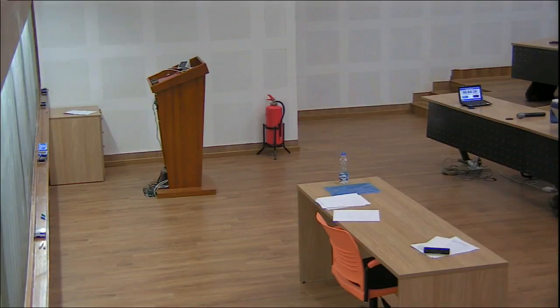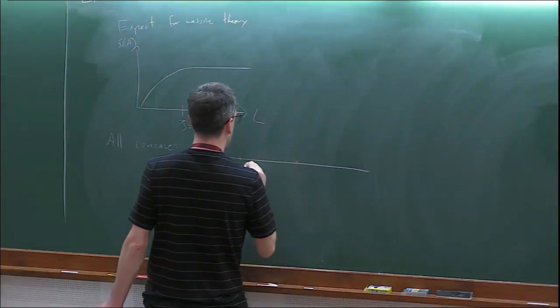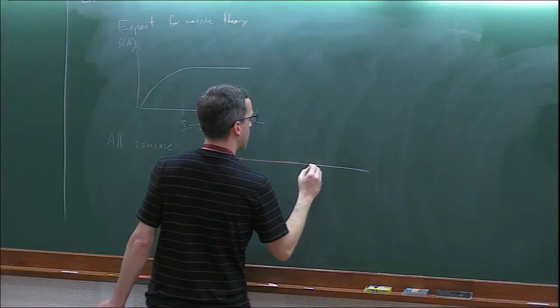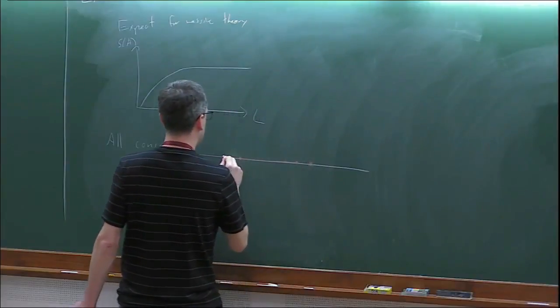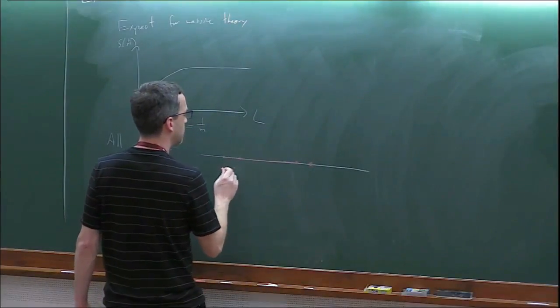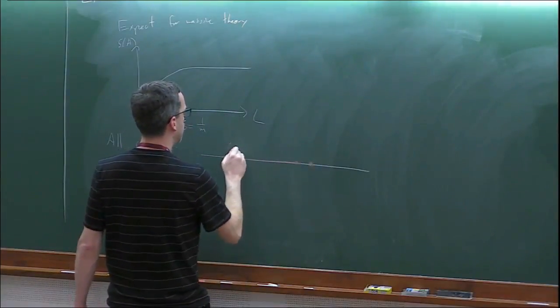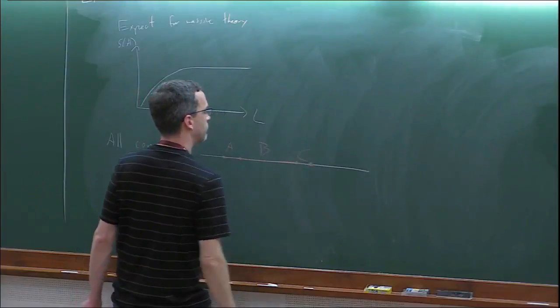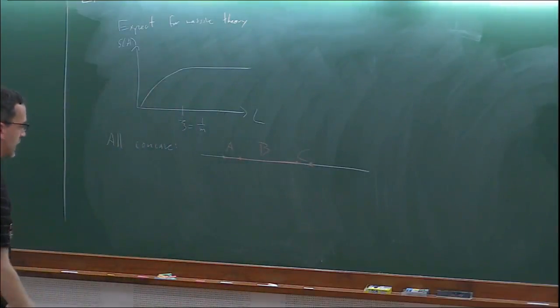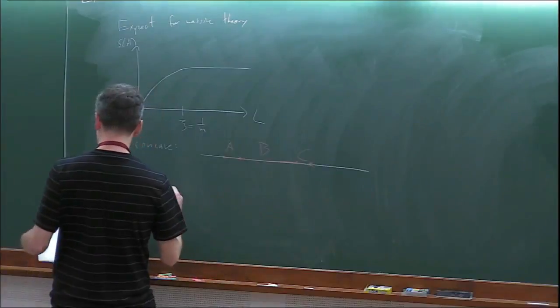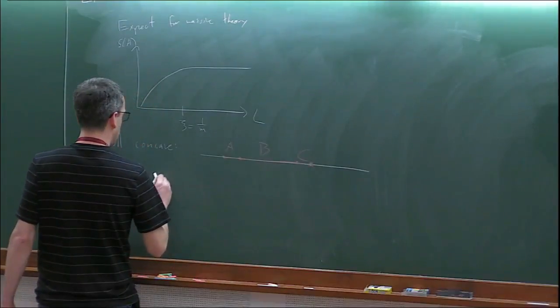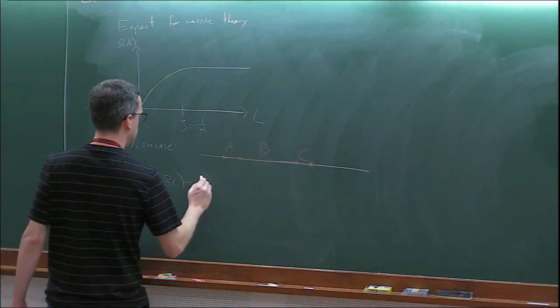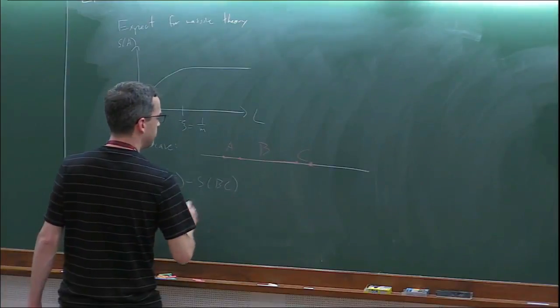Let me divide up my space into three intervals, A, B, and C. And let me consider the following combination: the difference ABC minus BC.